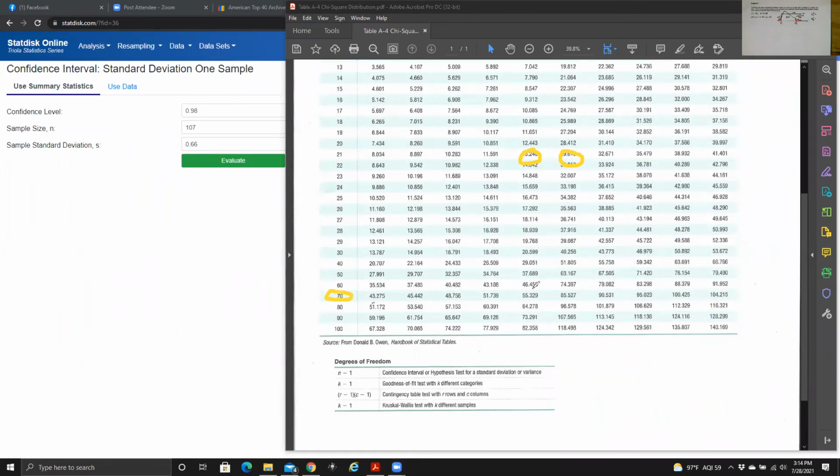If I read across and down on that column, it'd be 55.329. That's going to be the chi-square value on the left. And this number right here under the column of 0.10 will be 85.527. That's the chi-square value on the right.